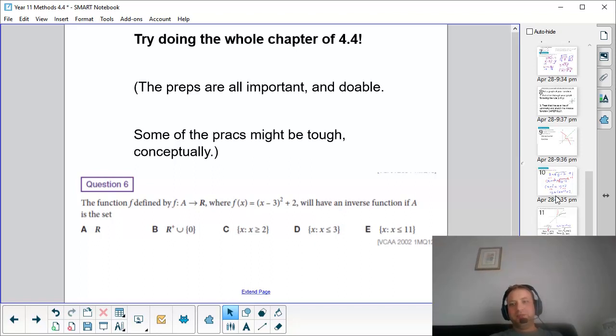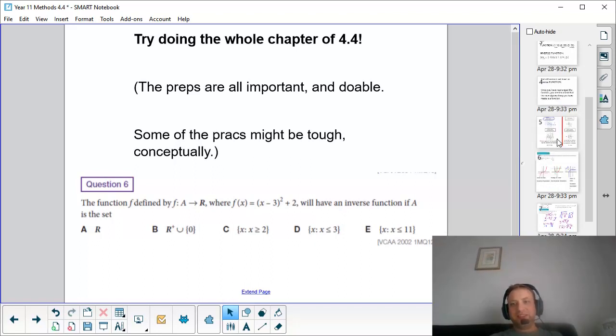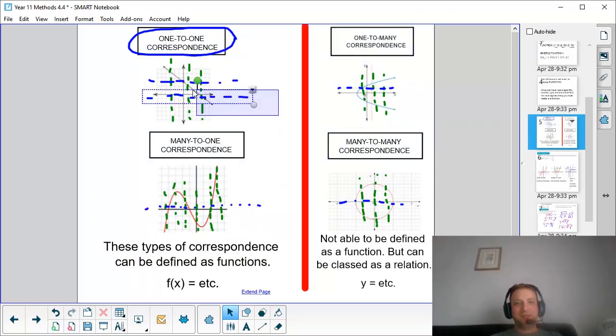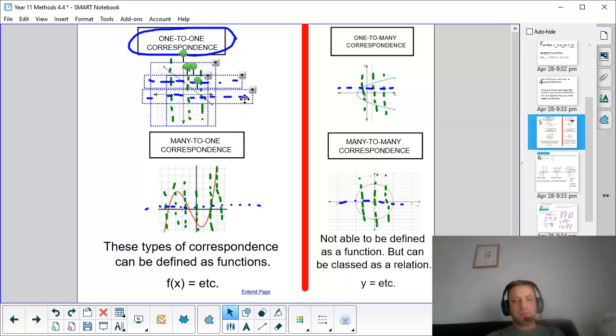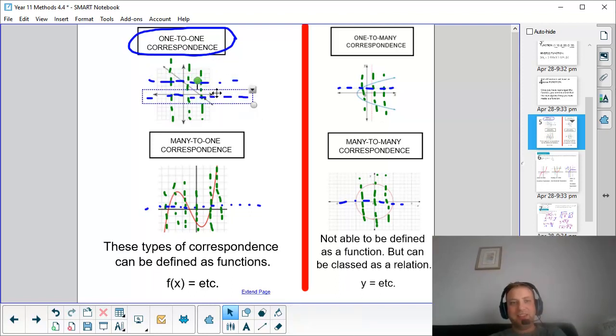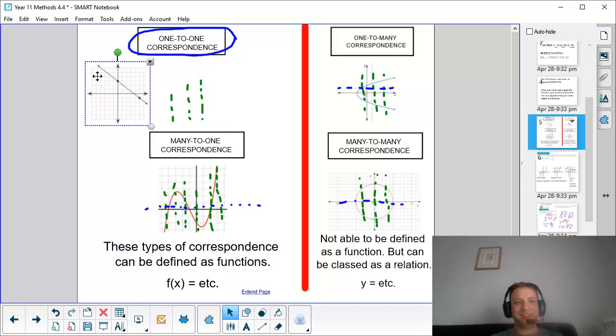Okay, so if we go back to our earlier slides over here, with all this scribble on it, what you might remember from what you were shown is that the only types of functions that have inverse functions are these one-to-one correspondences like this.